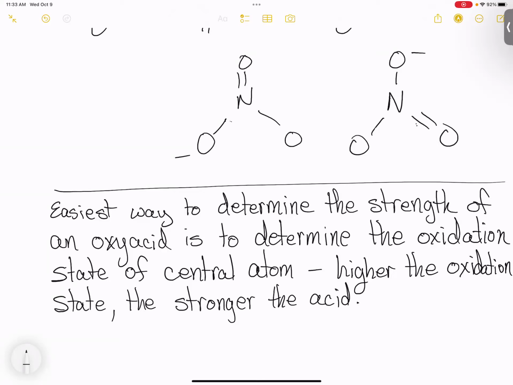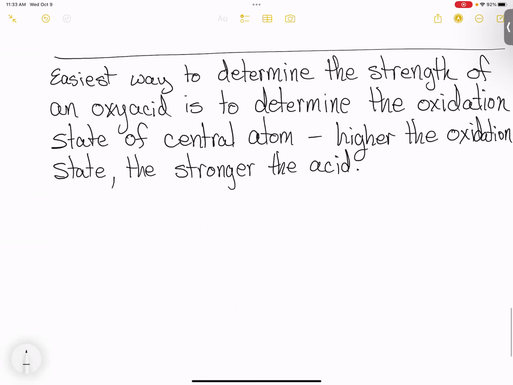The good news, folks, you only have to remember 3 of the oxidation state rules. Rule number 1 that you got to remember is that hydrogen is a +1. Rule number 2 is that oxygen is a -2.